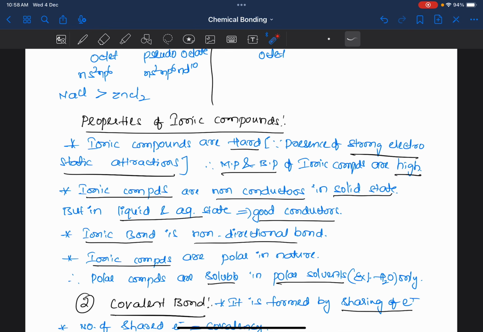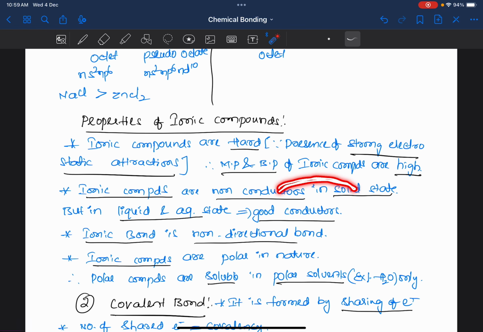See here, the reason I have also given. And next, ionic compounds are non-conductors in solid state, but in liquid and aqueous state they act as good conductors. Now see the reasons. Why are these non-conductors in solid state?